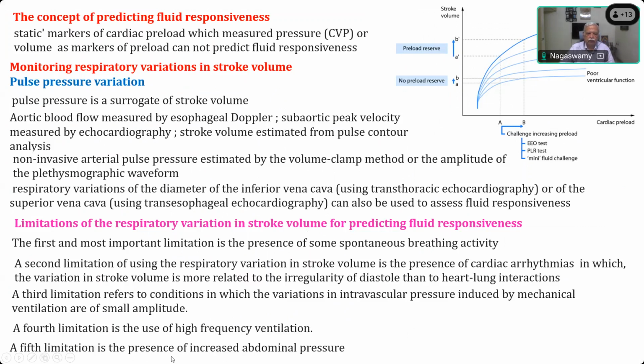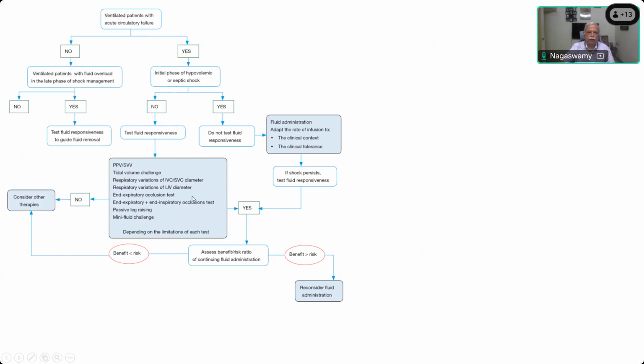And the fifth limitation is the presence of increased intra-abdominal pressure. If the abdominal pressure is increased, that will not allow the vasculature to hold the fluid and reflect the correct response. So these are the five limitations for the assessment of fluid responsiveness using the stroke volume. So there is an algorithm which you can use.